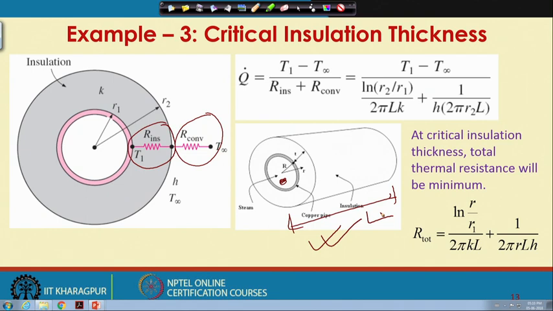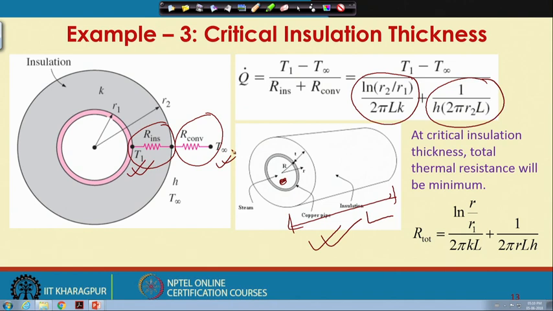So, there are two resistances involved. One is resistance due to heat conduction, and there is resistance due to convection. So, total heat loss or heat transfer is T1 minus T infinity, the driving force, divided by the total resistance.